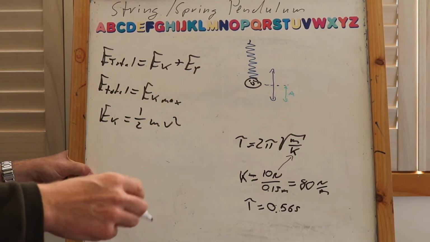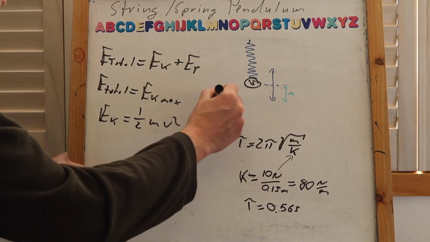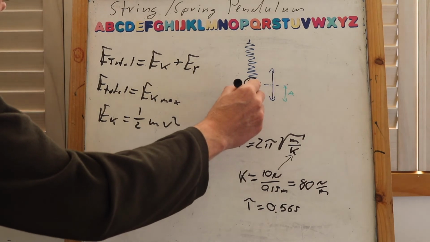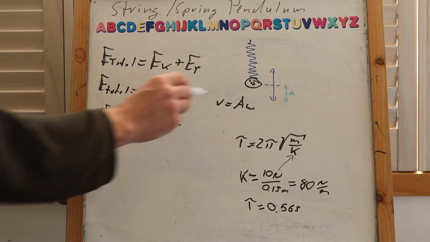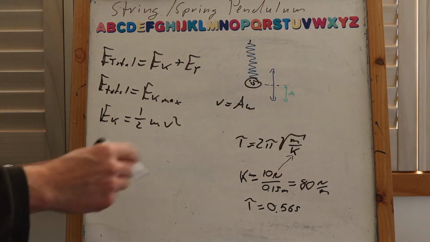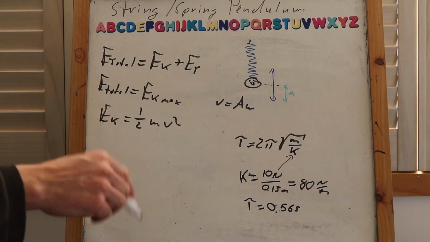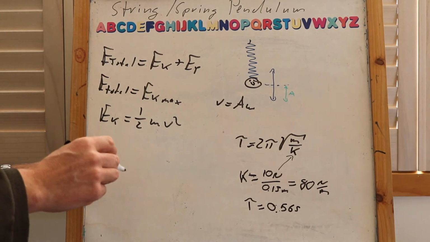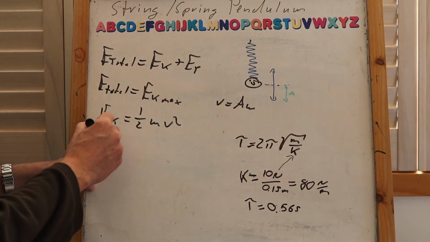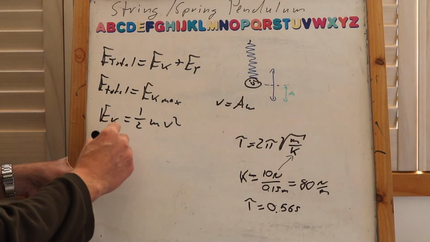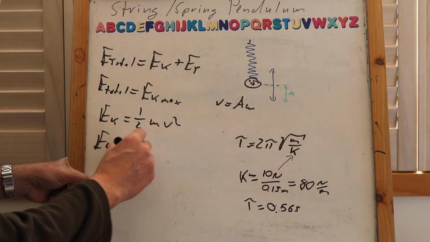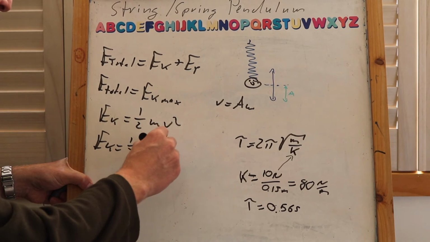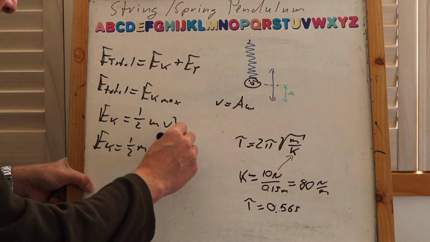Now velocity, I hope you remember, velocity equals A omega. That's the maximum velocity of an object moving in a circle or performing a simple harmonic. So therefore I can write that as K equals 1/2 mass times A squared omega squared.